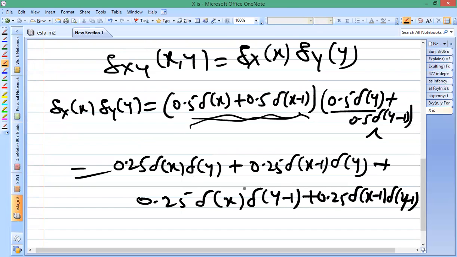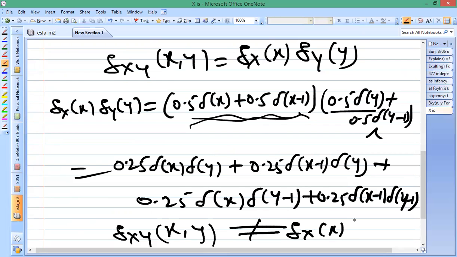If you compare this equation with the fxy of x comma y equation that was given, is the product the same? No, ma'am. So when they are not the same, you can write that fxy of x comma y is not equal to fx of x into fy of y.